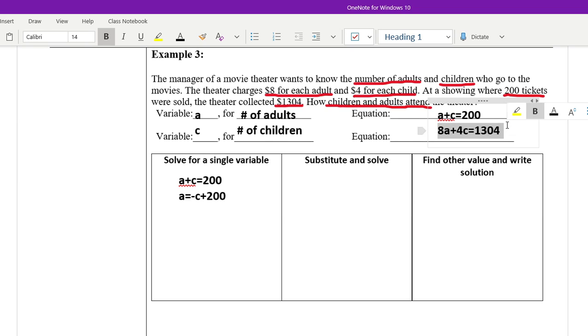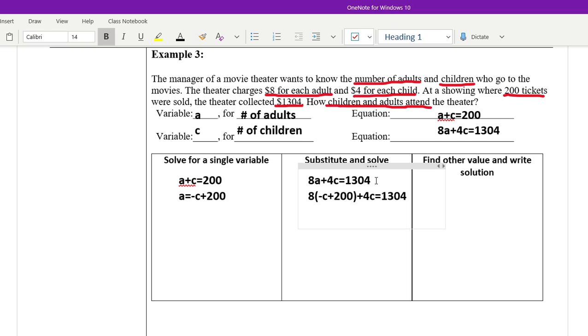I can go to my other equation. I can replace my A with its known expression. It is multiplied by 8, so I use the parentheses to show multiplication.